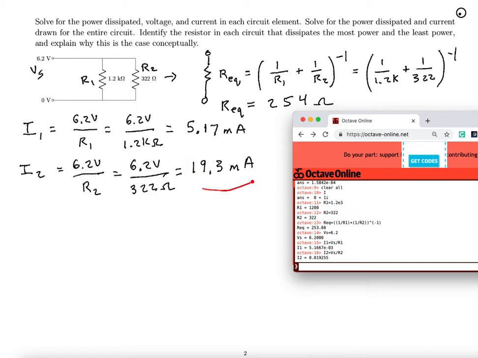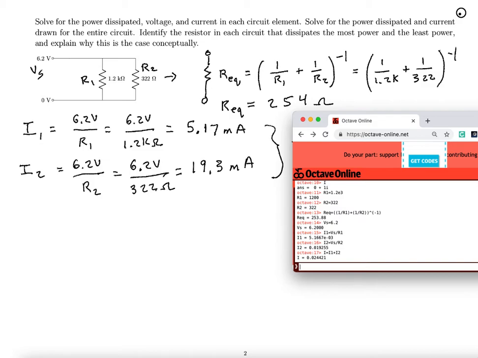And we'll see that if we add up these two currents, 5.17 plus 19.3, we'll have a total current in the circuit of 24.4 milliamps.